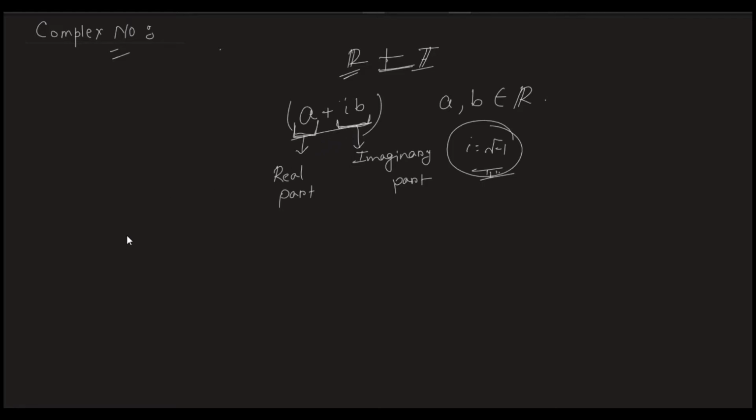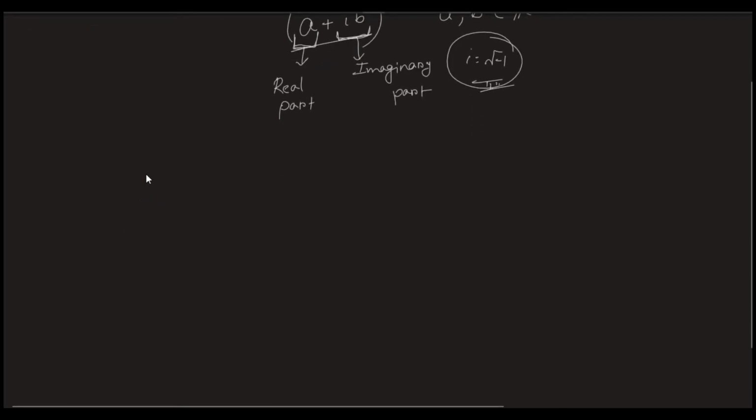Let's see some examples of complex numbers. For example, we can write complex numbers like 1 plus 5i, where 1 is real, 5 is also real, and this is the imaginary part and this is the real part of this complex number.